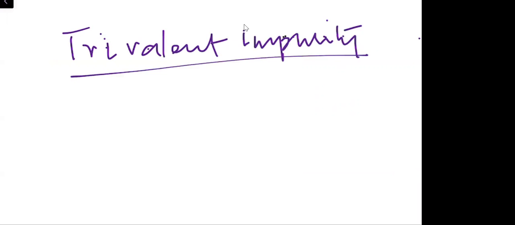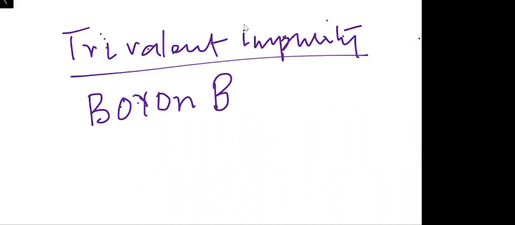One of the trivalent impurities is boron, and boron is represented as B here, right? So what happens when we add boron?